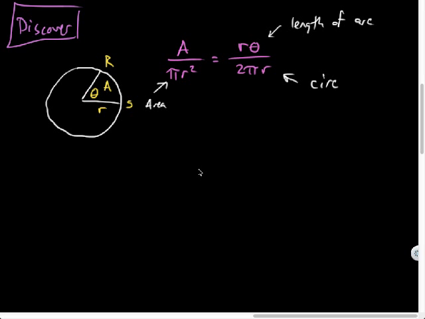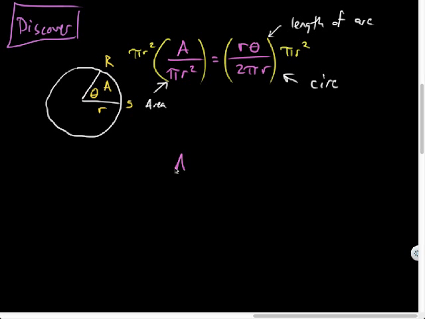And if I wanted to solve this equation for A, the area of just the sector, just the piece that I'm looking for, what could I do to both sides? I want to get rid of this. Yeah, multiply both sides by pi r squared. And I'm going to end up getting the following.